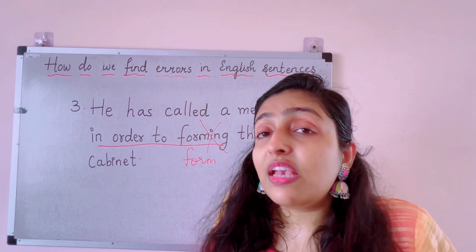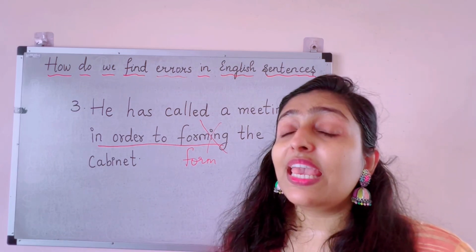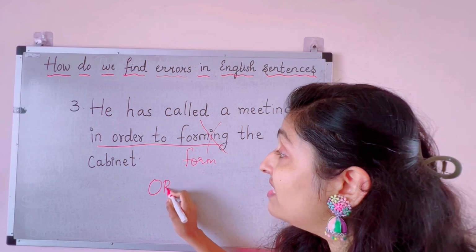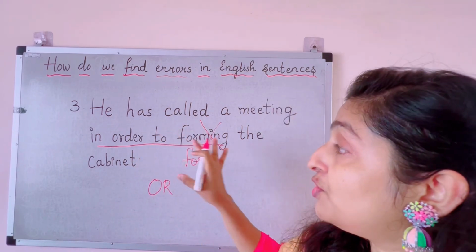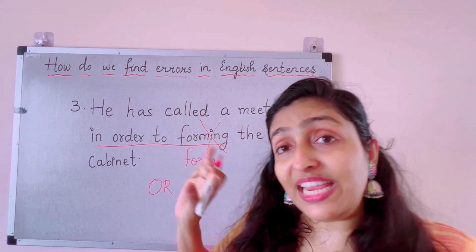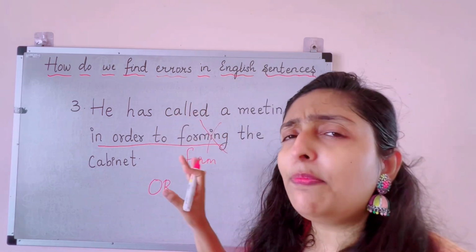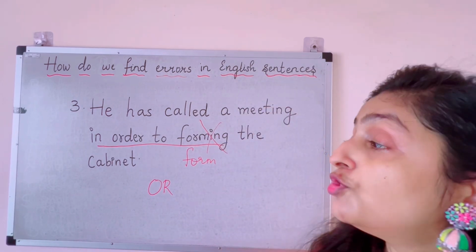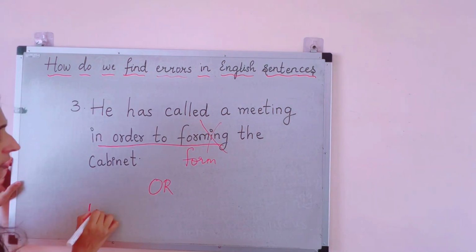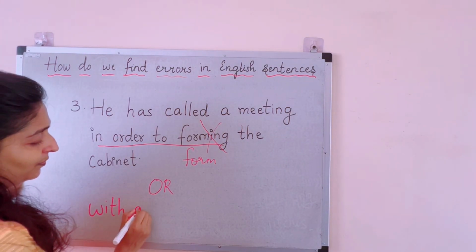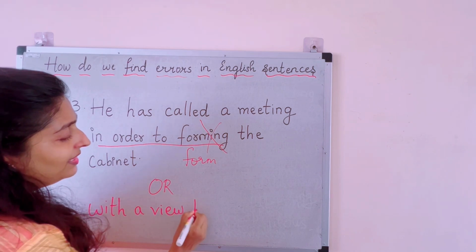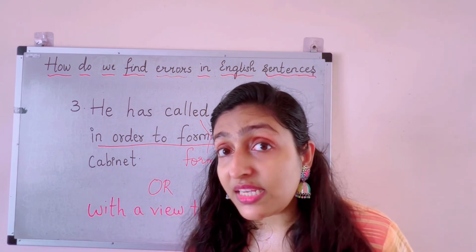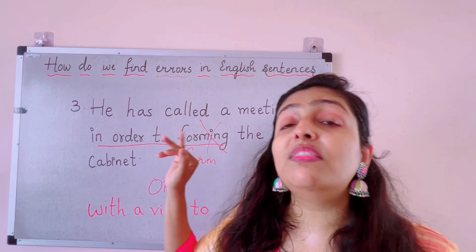You can write, he has called a meeting in order to form the cabinet. Or there is another way. If you have to keep the word forming, then you have to use the phrase with a view to. So, in that case, your sentence will become, he has called a meeting with a view to forming the cabinet.